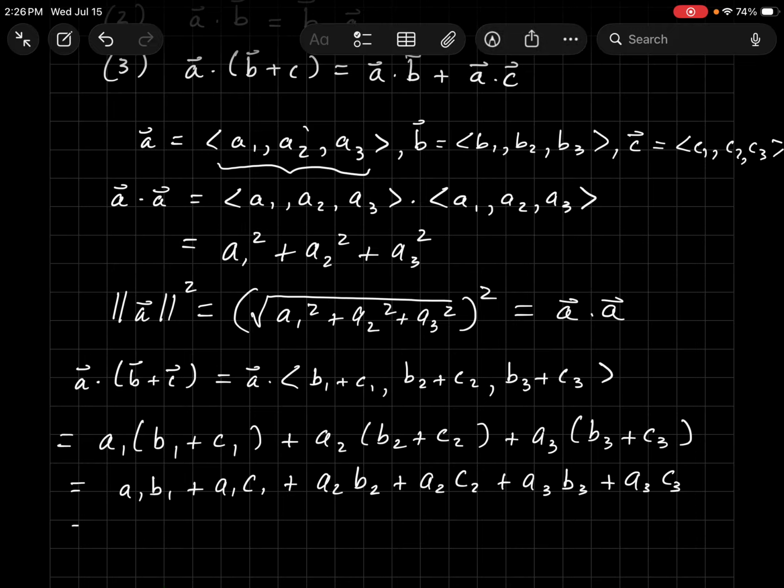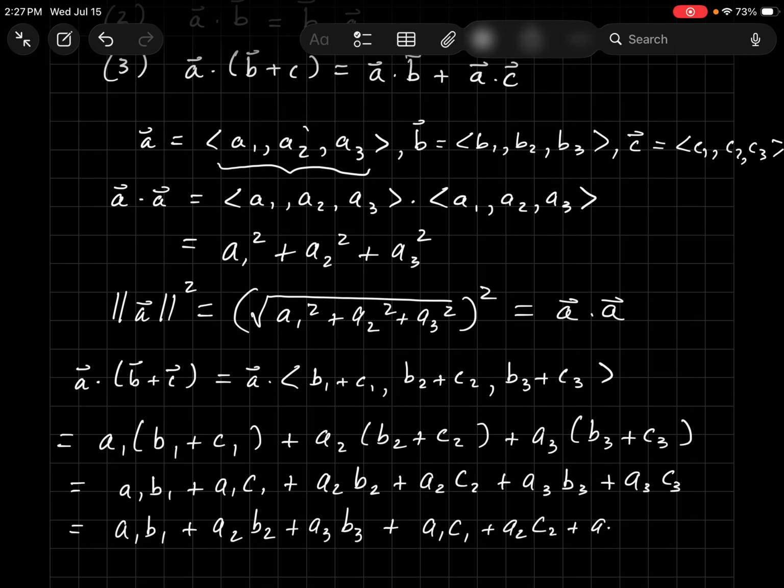And then if we rearrange the order, like putting our B's together, if you would, we get A1 B1 plus A2 B2 plus A3 B3, and then putting the C parts together, so A1 C1 plus A2 C2 plus A3 C3, and notice what we have here.